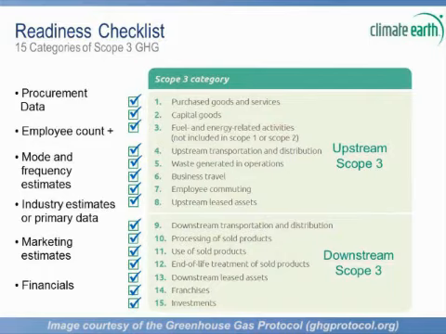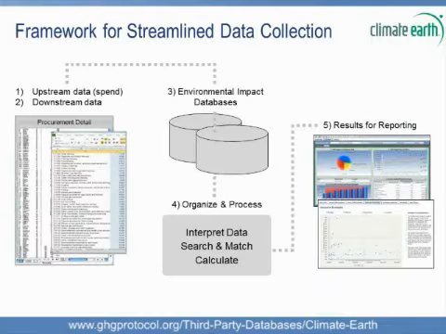The good news there is that it is in conformance with the standard to get started with a best estimate based on the available data you have right now and not wait or fret over how accurate or how complete your direct data is. So here, let's look at a simple framework we have for streamlining data collection and reporting results.